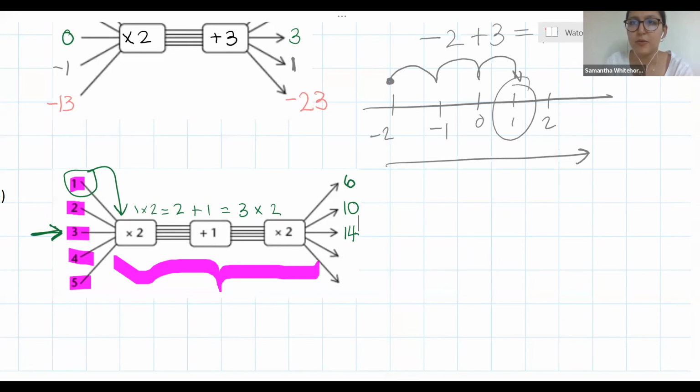Simpiwe, give us the fourth one. We say 4 times 2, which is equal to 8, plus 1, which is equal to 9. 9 times 2 is equal to 18. Excellent, well done.